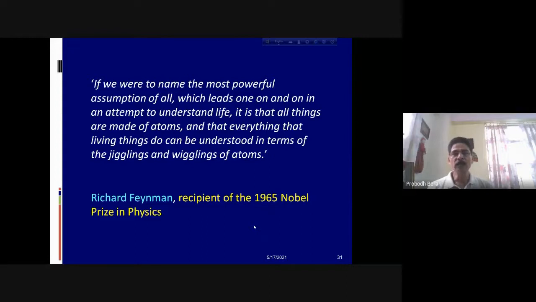So now this particular statement of the Nobel laureate has come true because today we are using more and more principles of material sciences like physics, chemistry, mathematics, statistics, engineering, etc. to understand the interactions occurring at the molecular level within biological system so that we can understand the biological functions.